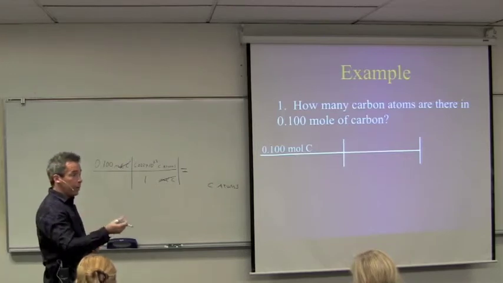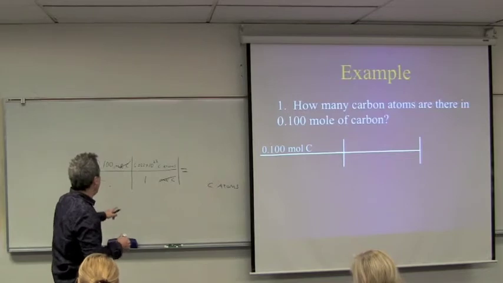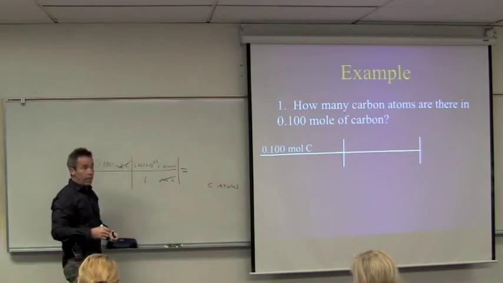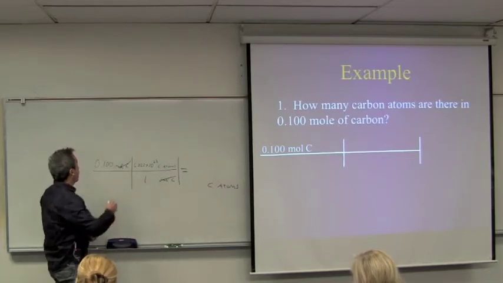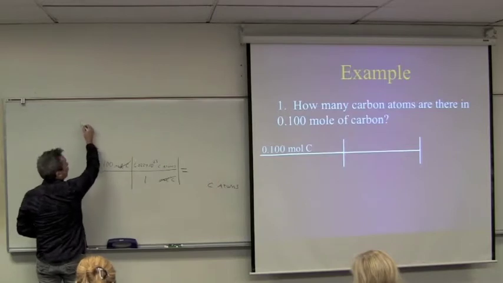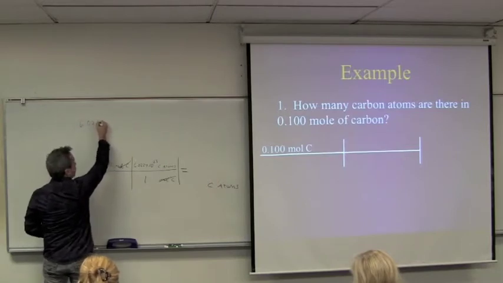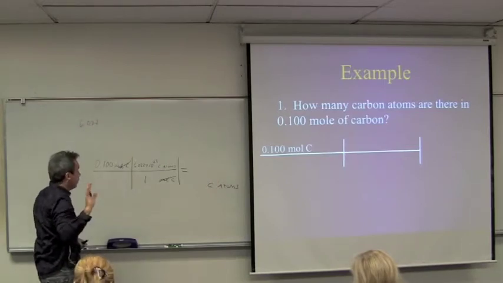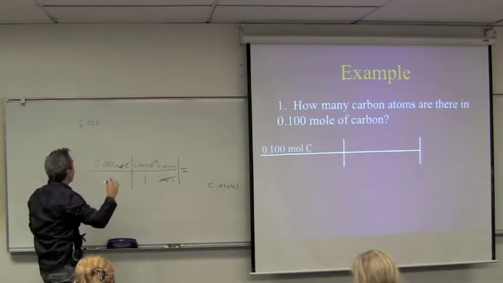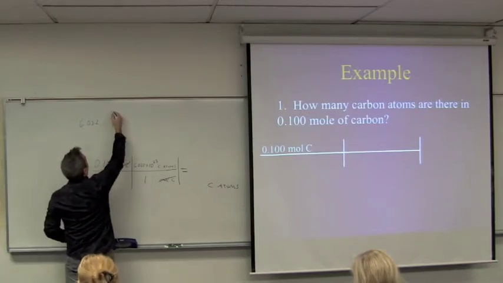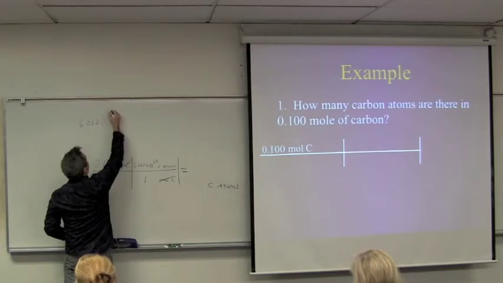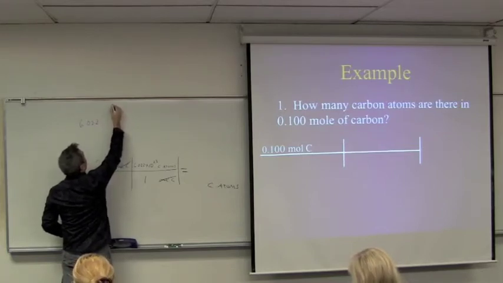Now I'm going to teach you something that might be new for you: how to enter this number in scientific notation in your calculator. You're going to do 6.022. Now don't do anything after that 2. Now you're going to press a button, and on some calculators you'll have a key with an E above it.